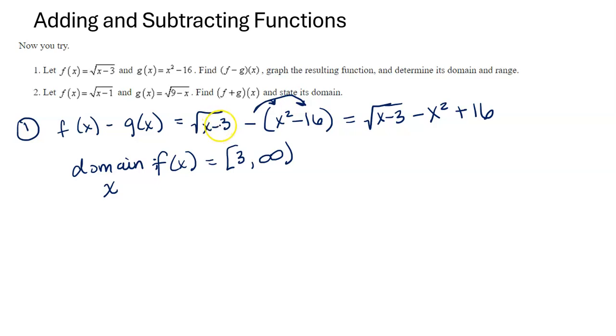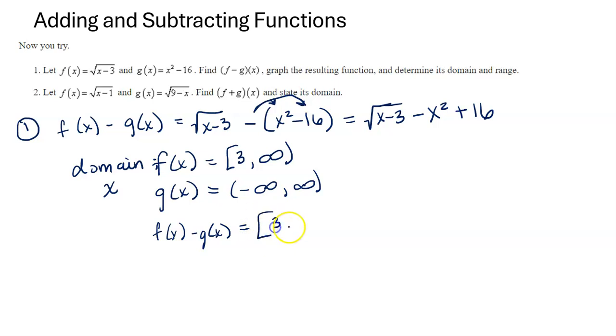It can be 3 because that's 0. The domain of g of x is all real numbers. So we have to take the one that's most restrictive. So the domain of f of x minus g of x is going to be this.